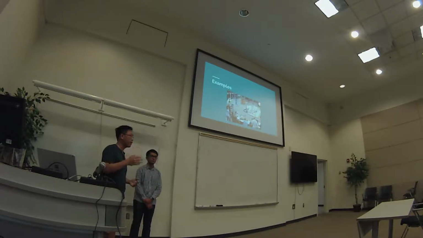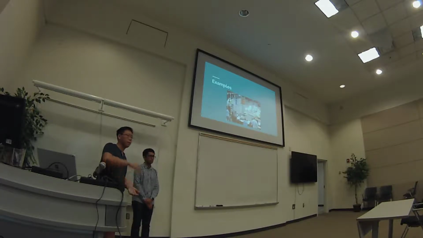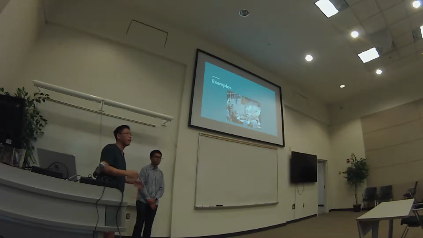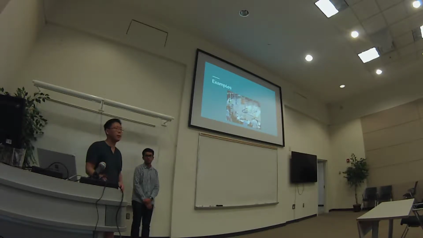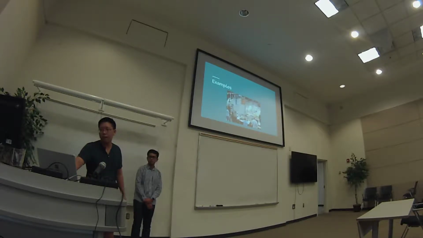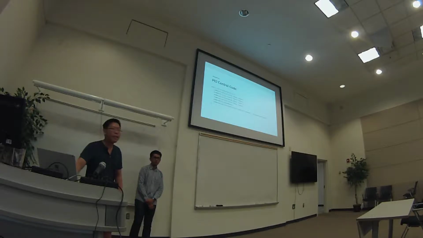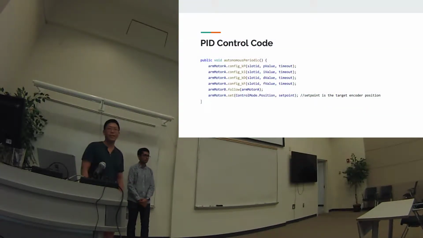And then again, you have the PID controller with your set point, which is a target encoder value, which would correspond to the height of the elevator, and then you would measure the current one, and then you compute the error, send it to the PID controller, and then it'll send your motors a certain voltage to get rid of that error. And then you can see how simple the Talon SRX really makes PID control.